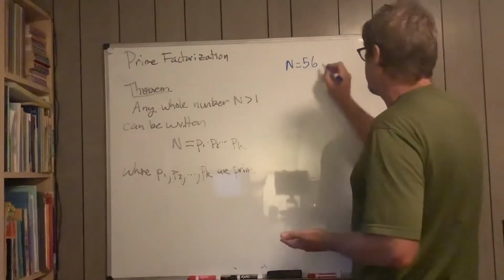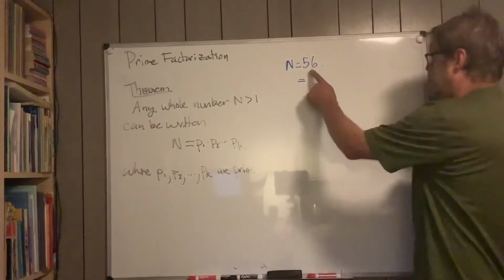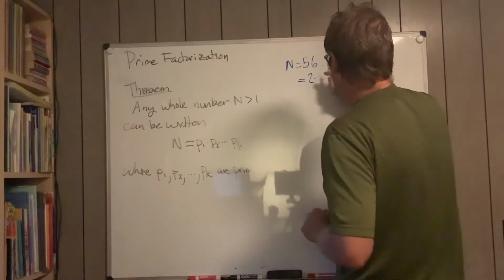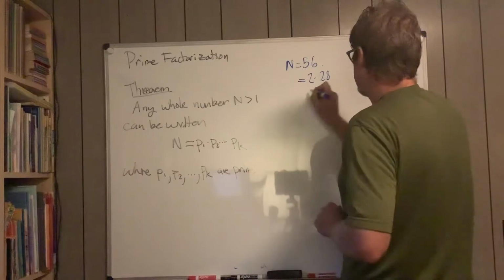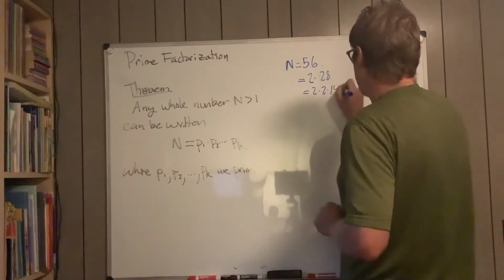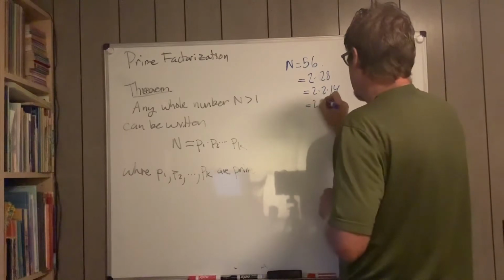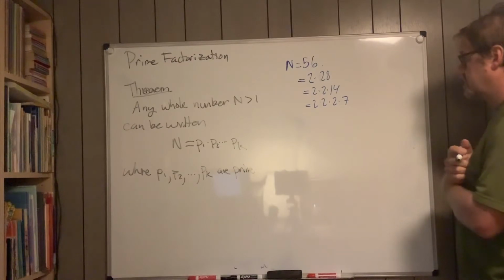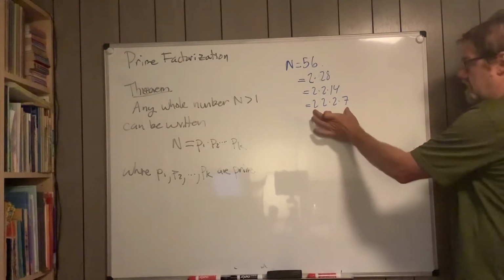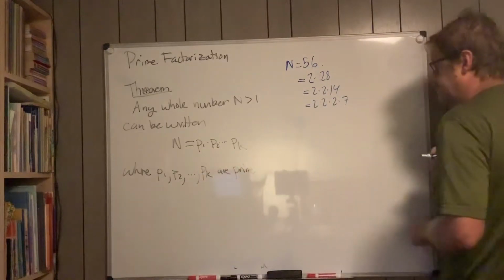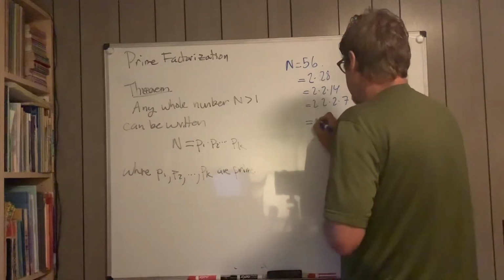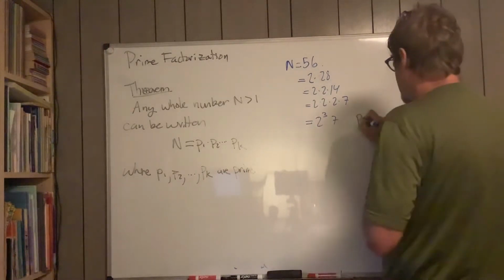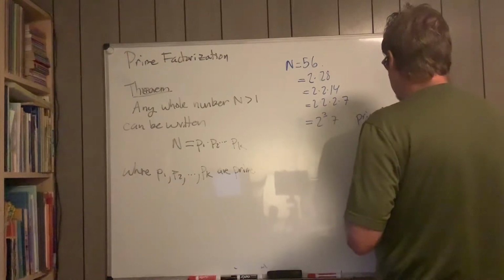So one thing we could do is realize that 56 is 2 times 28, which is 2 times 14, which is 2 times 7, right? And so this is what's called the prime factorization. And more often than not, we'll write it like this. So this is the prime factorization.